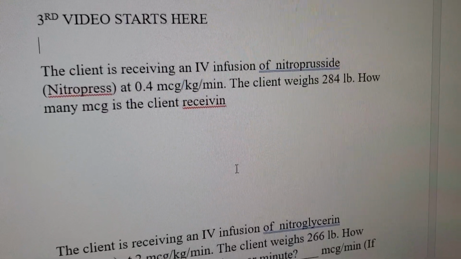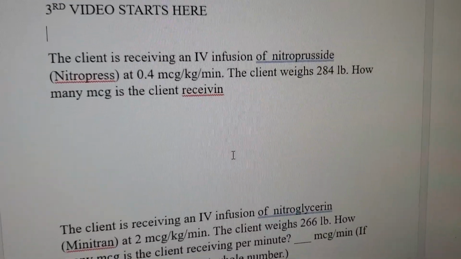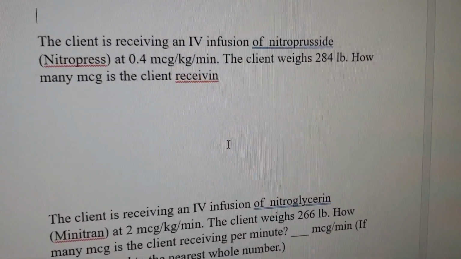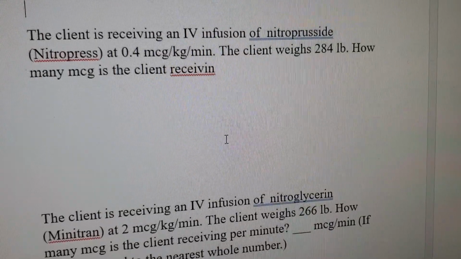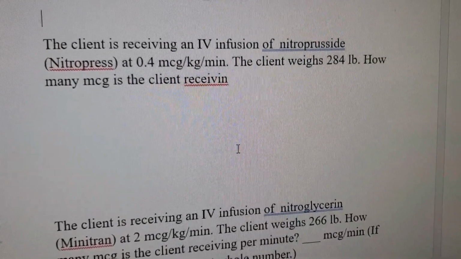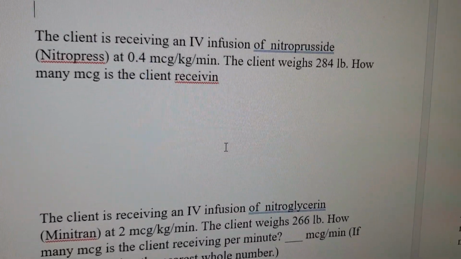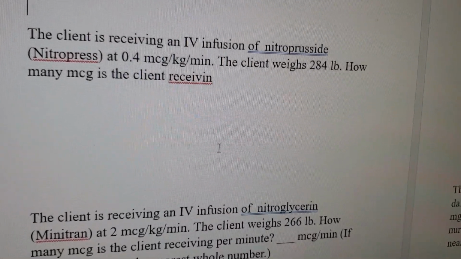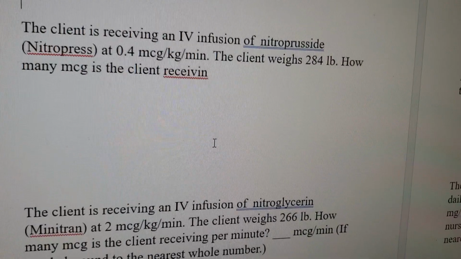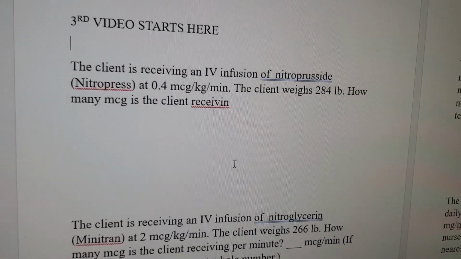How many microgram is the client receiving? Let's go and solve this together.